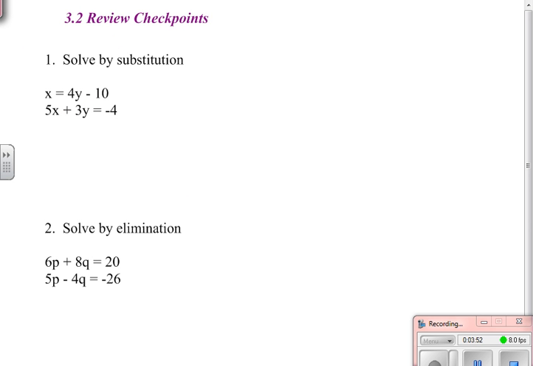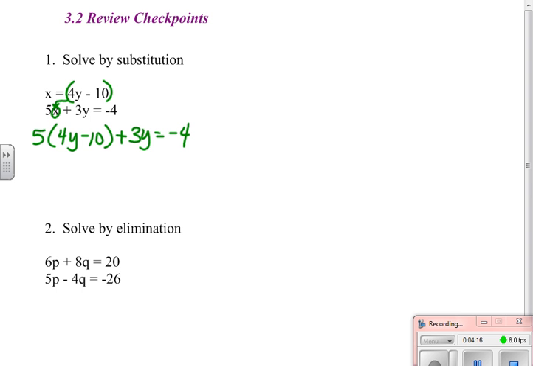Now in 3-2, we did our other two methods of solving, which are by substitution and elimination. So remember, substitution, we're replacing. This one happens to be solved for x, and so I'm going to treat that like a single number, and I'm going to replace right there. And so I'm going to have 5 times 4y minus 10 plus 3y equals negative 4.